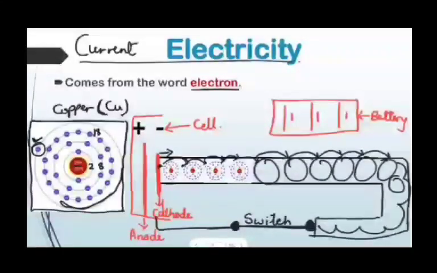All right, children, hope this much is understood. The jumping or flowing of these electrons from one atom to the other because of their repulsion is nothing but current electricity. Normally, children, it is the metals who readily want to give away their electrons from their outermost shell, and that's the reason why electricity flows.